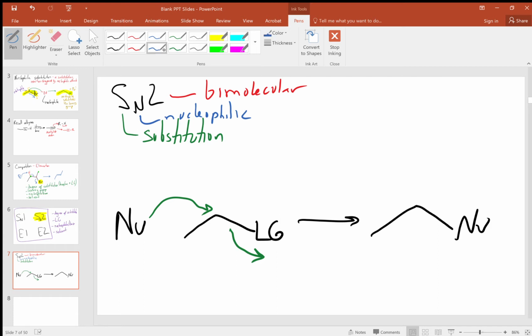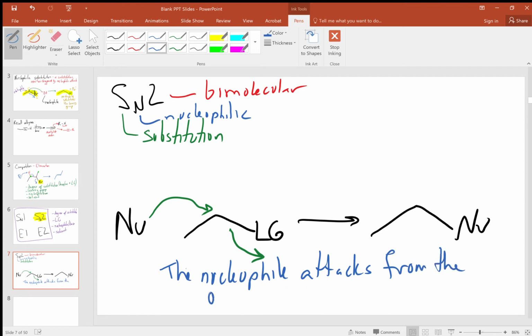And in another piece that we'll get into more in a few minutes, we want to note that the nucleophile attacks from the opposite side of the leaving group.